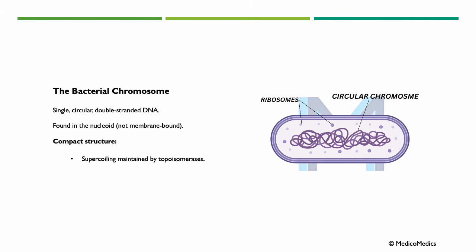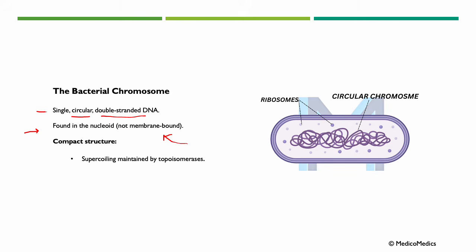Now let's begin with the bacterial chromosome. It is a single, circular, double-stranded DNA molecule, differing from the linear chromosomes found in eukaryotic cells. And it is located in the nucleoid. That's a region within the bacterial cell that is not enclosed by a membrane.